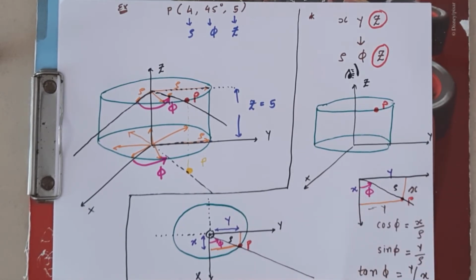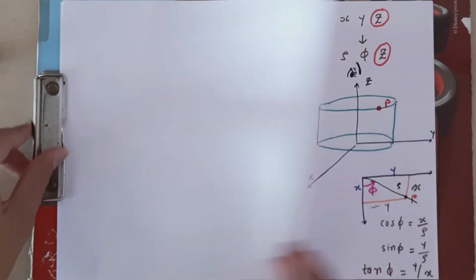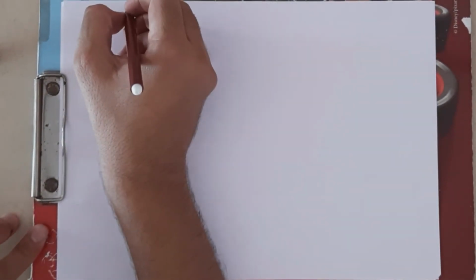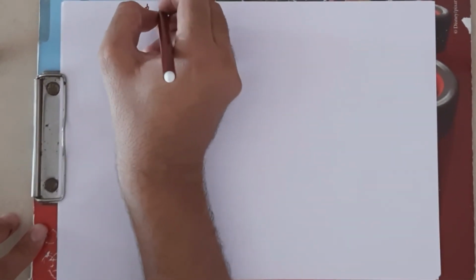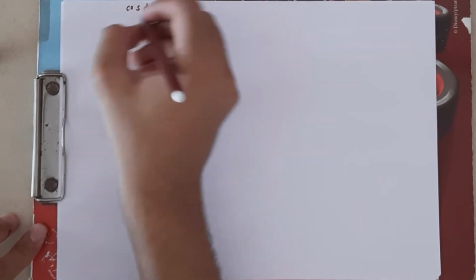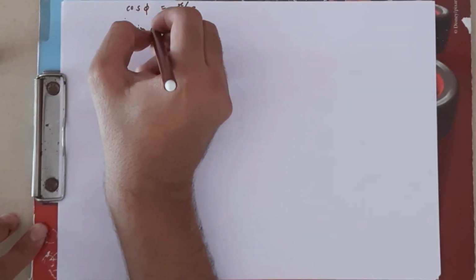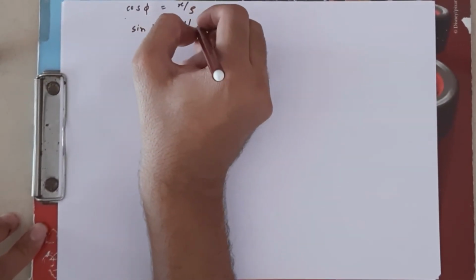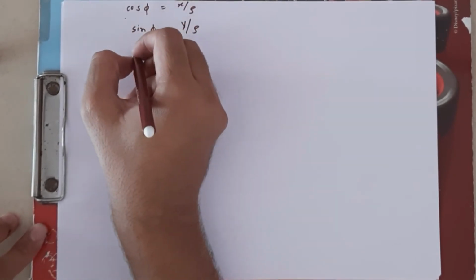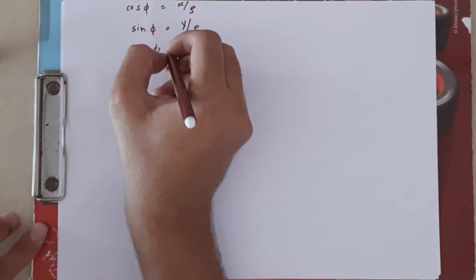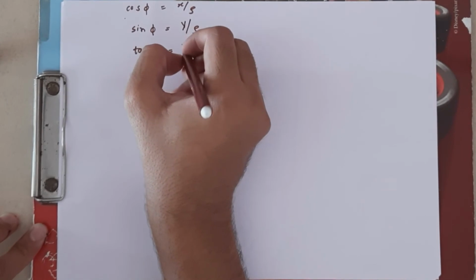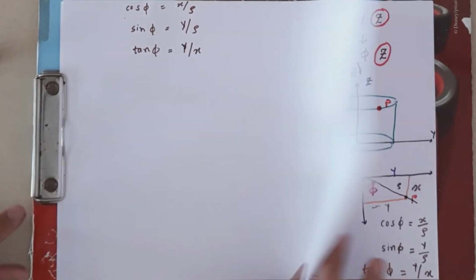Again I have to write it on the next page. Finally we can write cos phi is equal to x by rho, sin phi is equal to y by rho, and tan phi is equal to y by x.